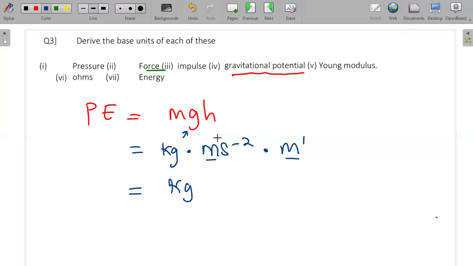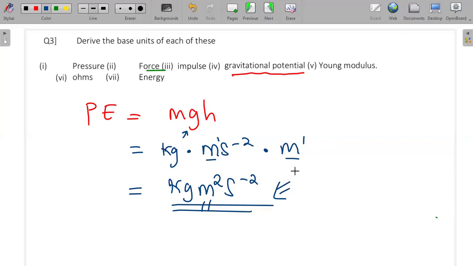So this is the power 1, this is the power 1, so I can add their powers. So that would be m to the power 2, then s to the power minus 2. Okay, so these are the derived base units for the gravitational potential energy. But it doesn't really matter, even any energy that you can think of, kinetic energy, whatever energy that you can think of, it will still have these units here.